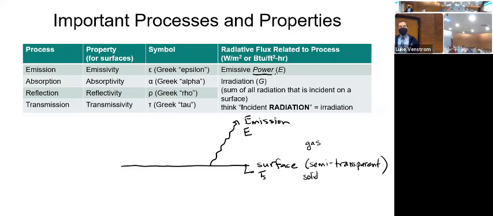It's like this power has units of watts, or horsepower, BTU per hour. But in the context of radiation, when someone says emissive power, they actually mean something with the units of watt per square meter. So emissive power is actually a flux. So it's really confusing. I'm sorry about that.